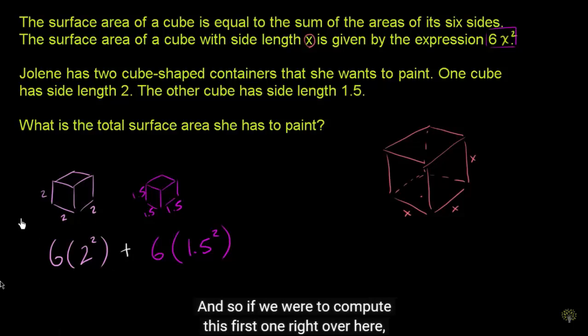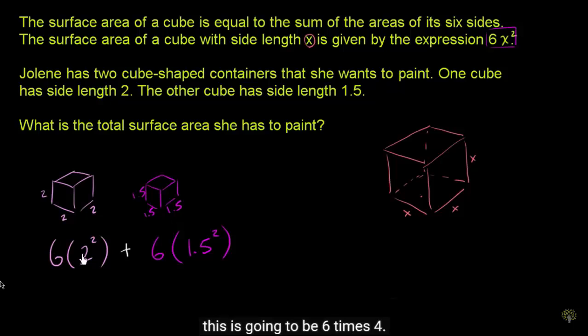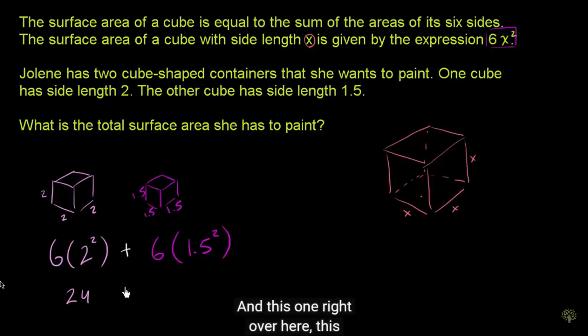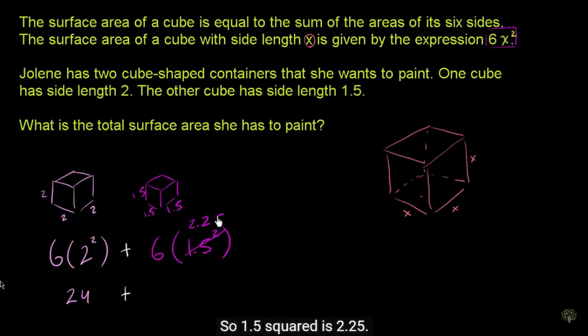And so if we were to compute this first one right over here, this is going to be 6 times 4. This is 24. And this one right over here, this is going to be a little bit hairier. Let's see. 15 times 15 is 225. So 1.5 times 1.5 is 2.25. So 1.5 squared is 2.25.